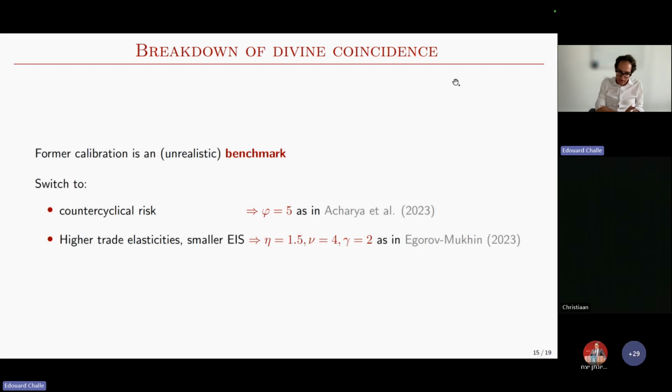And our more realistic scenario will involve countercyclical risk rather than acyclical risk. We discuss in our closed economy paper how to calibrate the cyclicality of risk, drawing on the evidence there is on this cyclicality. And we impose the same parameter here, which is phi equal to 5.